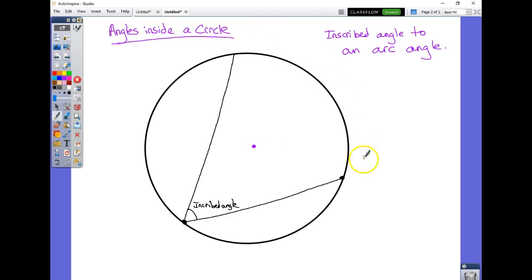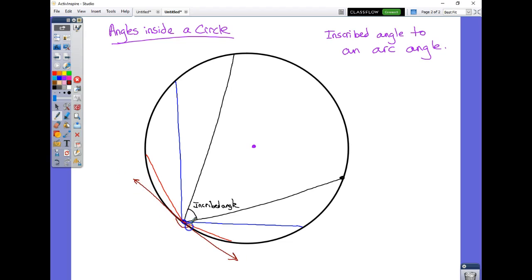And what's interesting about the inscribed angle is how that relates to the arc angle across. What is the angle measure here compared to the angle measure there? One way we can look at that is what happens as this inscribed angle opens up further and further. Eventually we're going to hit a situation where my inscribed angle is going to become a tangent line.